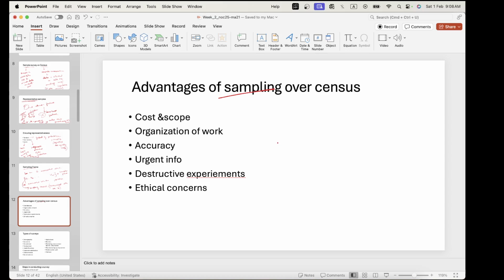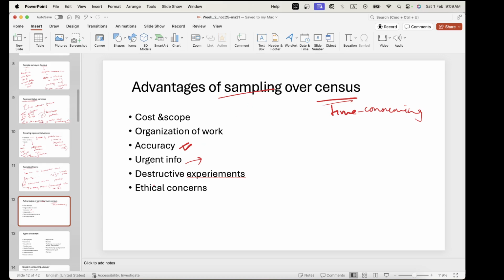When you have too many resources and too much work, accuracy will tend to decrease. Census is very time consuming, especially in a large country like ours, and if we need some information urgently, then sampling is the way to go.